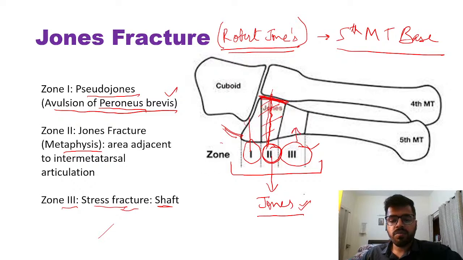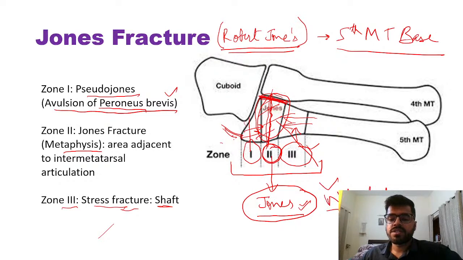So what is the importance of Jones fracture? Why is it named after the father of modern orthopedics? The reason is the blood supply to this region. Some of it comes from this side, some of it comes from this side. So this region is a watershed of blood supply.